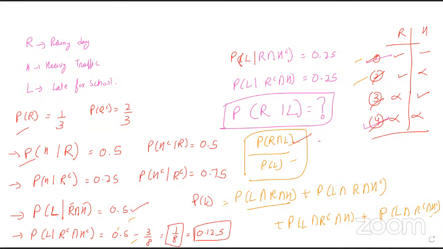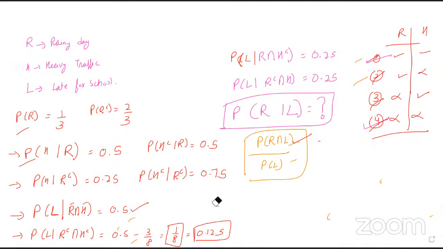Can you explain the last formula which you have used? Okay, let's do it in general. Suppose here we have to find the probability of rain intersection heavy traffic intersection late, right?